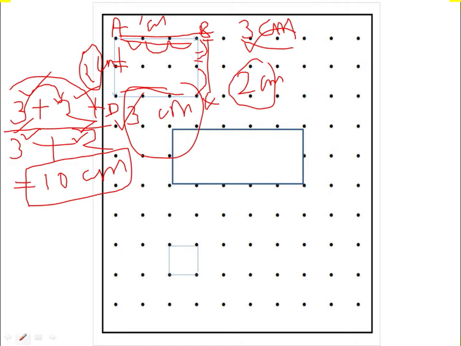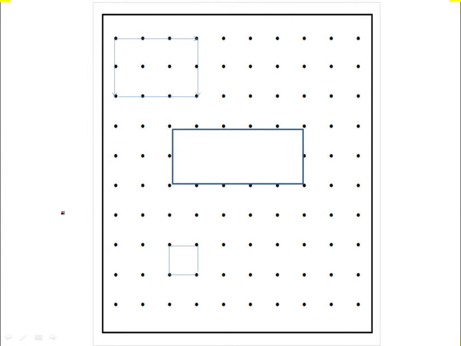Now dear student, once again I am going to tell you how we have calculated the perimeter. I have simply counted the total length of this A to B. So I found the total length from this point to this point is 3 centimeter. Then I found the total length from this point to this point is 2 centimeter. Then I found the total length from this point to this point is also 3 centimeter.